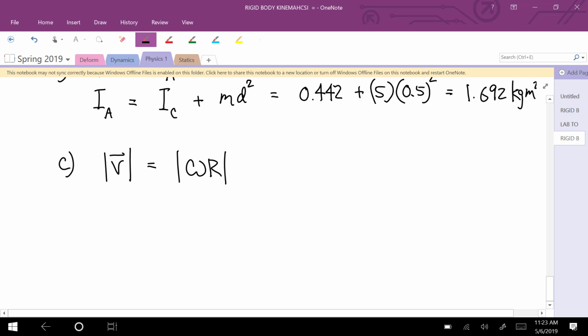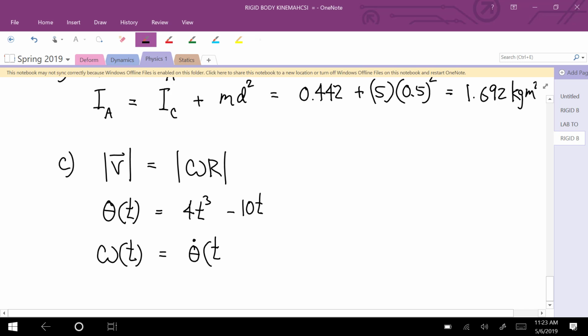And to figure out the angular velocity, we know that the angular position as a function of time is equal to 4t cubed minus 10t. And so the angular velocity as a function of time is just equal to the angular position dot. And so that is 12t squared minus 10.